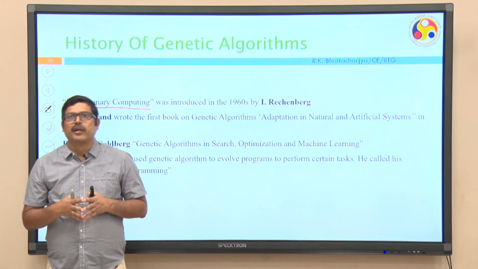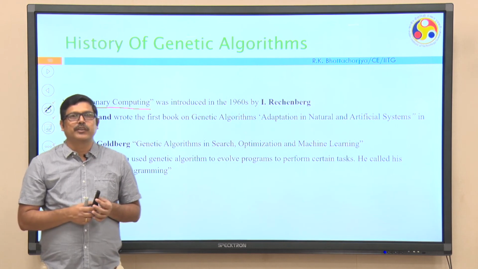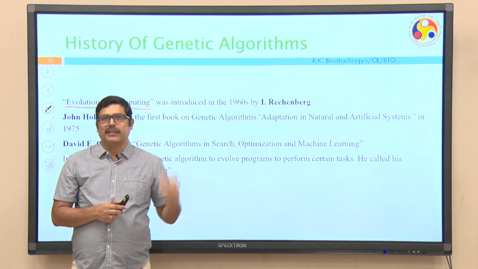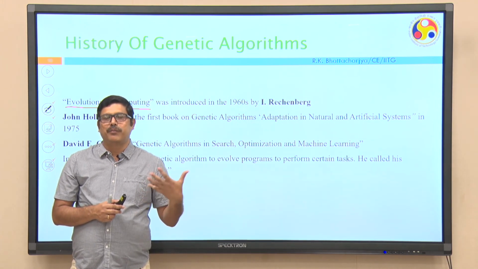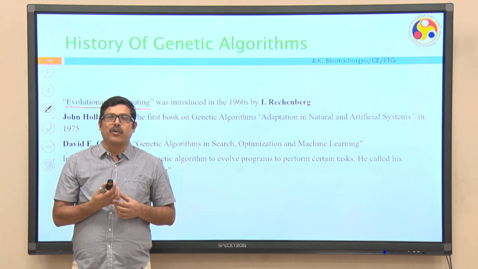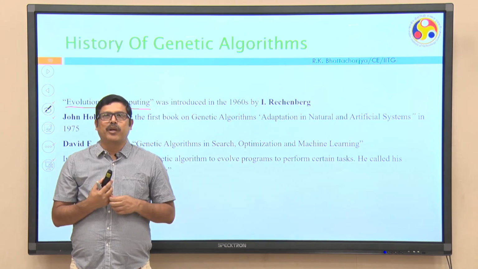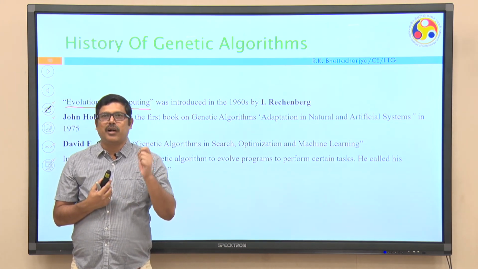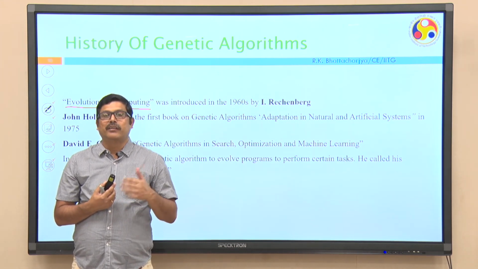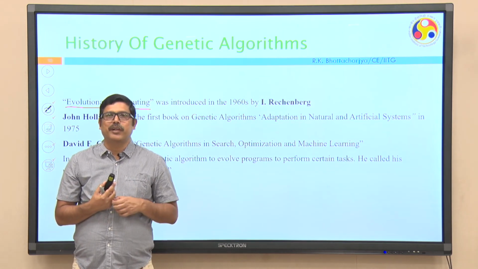Even today some people say that genetic algorithm or other meta-heuristic optimization methods are not really optimization techniques. They say that classical methods are the only optimization methods. But the other group says that the problems which are not tractable, which you cannot solve using classical methods, you can solve using genetic algorithm or other meta-heuristic optimization techniques.